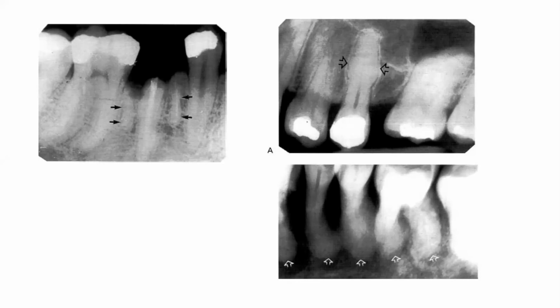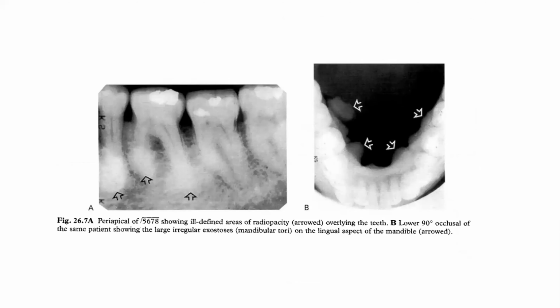All right, we'll continue on to the conditions of variable opacity affecting bone. First, we have developmental conditions such as exostoses, including tori. So basically, mandibular and palatal tori. They consist primarily of compact bone and produce an ill-defined radiopacity when superimposed over the bulk of the alveolar bone.